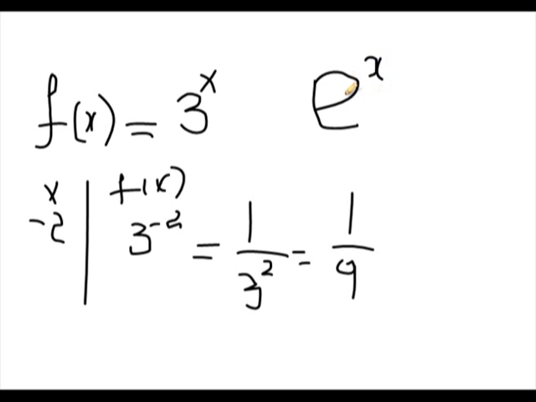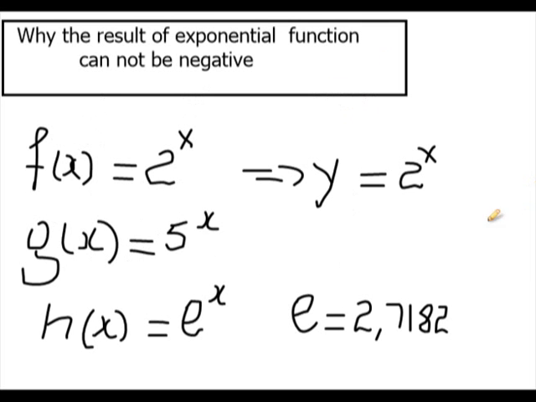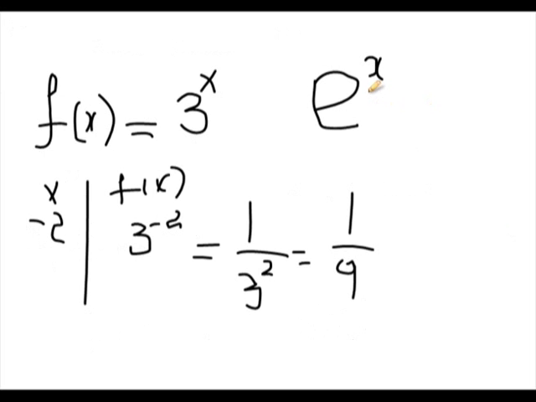Remember, e is a number, like we said before, the number of Euler, 2.7182. For this number it's going to be the same. If we have e to the power of minus 1, we will do the same thing. So whether x is negative, positive, or 0, the value is always going to be positive.